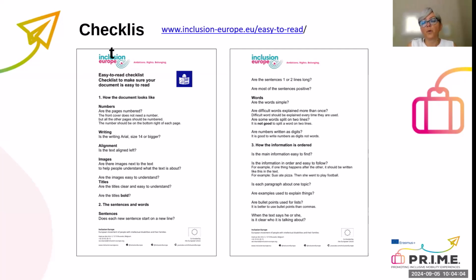So before we gave it to people with disabilities to proofread it, first we checked it in our team, discussed the vocabulary, discussed the pictures, and worked in a team on it because it was easier. Now we work individually, but in the beginning it was really helpful. So I really do recommend it.